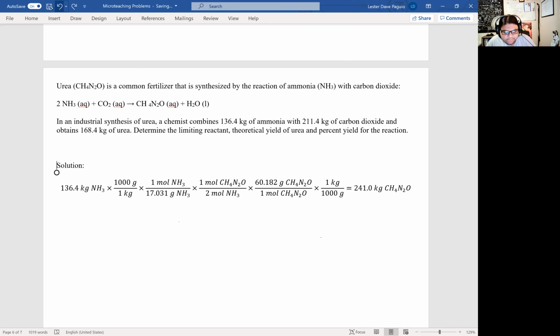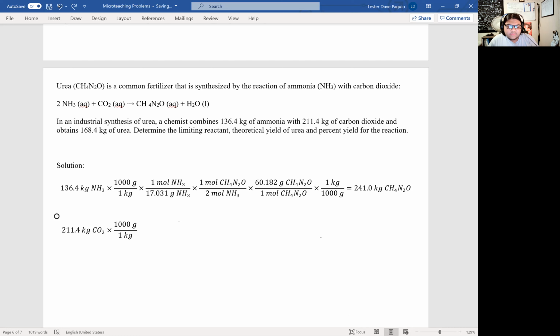So now we have found the amount of urea by using 136.4 kilograms of ammonia. Now we would do 211.4 kilograms of carbon dioxide. So we would start with the given, and then we would need to convert again from kilograms to grams.